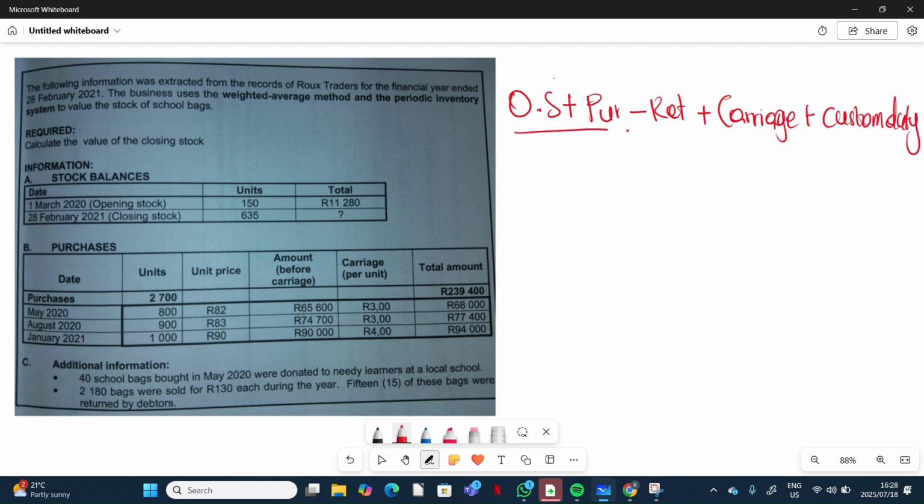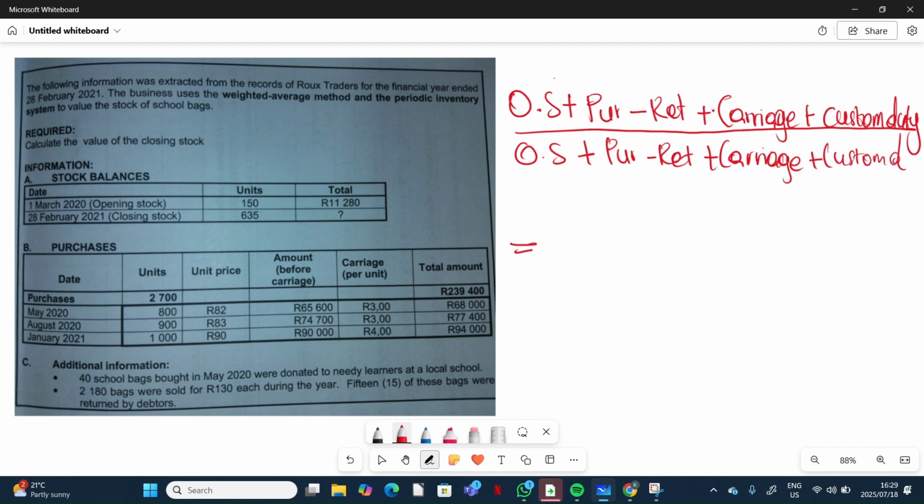Then obviously we're going to do the same thing below: opening stock, purchases, returns, you add the carriage, then you add the custom duty.